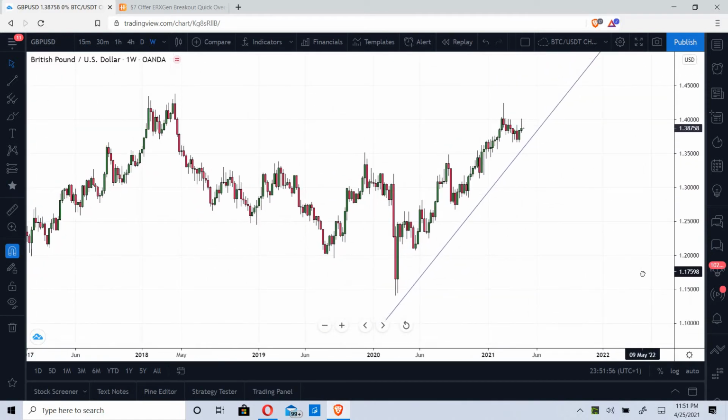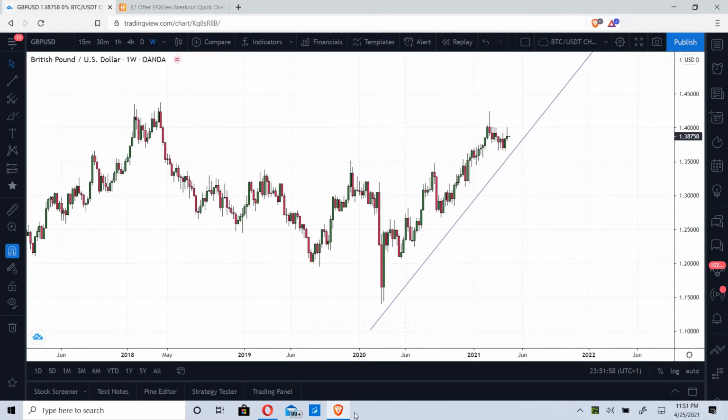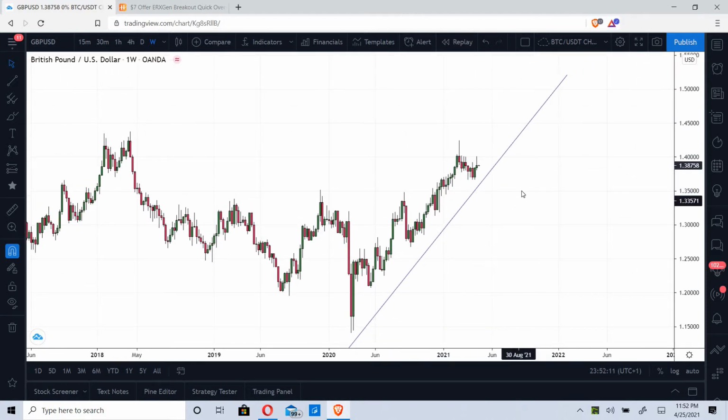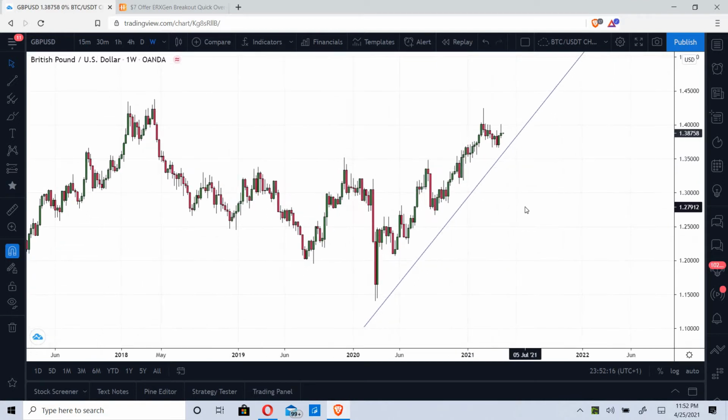You can see that clearly this is an uptrend. We can see a higher low, higher high, higher low, higher high, higher low, higher high, higher low. So this market is making an uptrend. So the structure of this market is bullish.